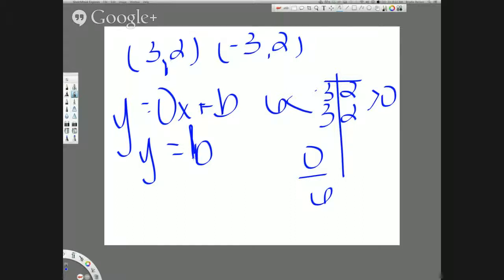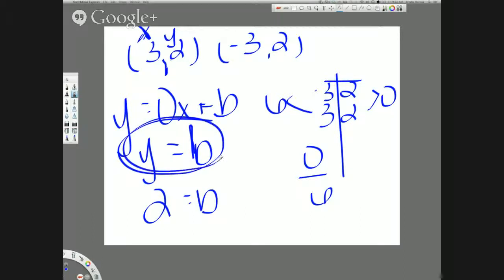I'll choose 3, 2. 3 is an x, and there is no x left in my equation, so I have nothing to plug in there. 2 is a y, so I will plug in 2 for y. So 2 equals b. Now I can go back to my original equation, y equals b, and plug in y equals 2.